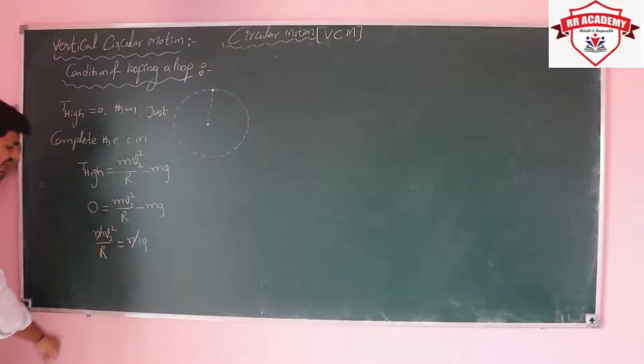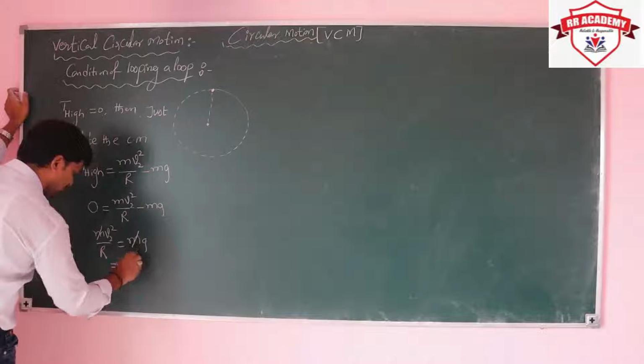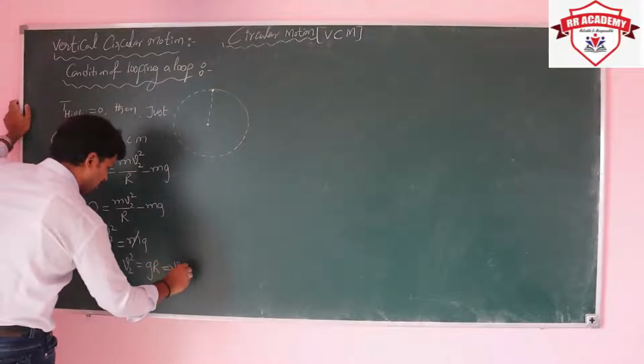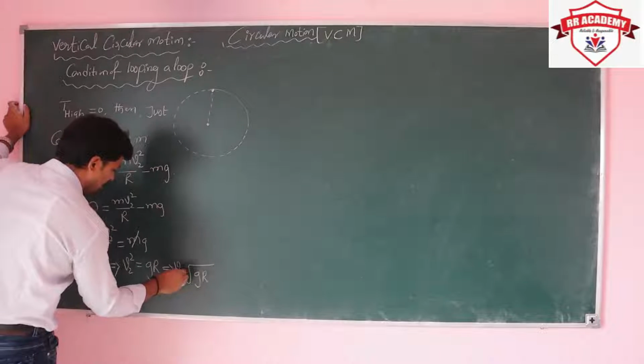The m cancels, so v2 square is equal to gr. Then v2 is equal to under root gr.